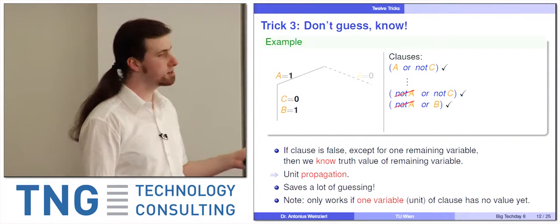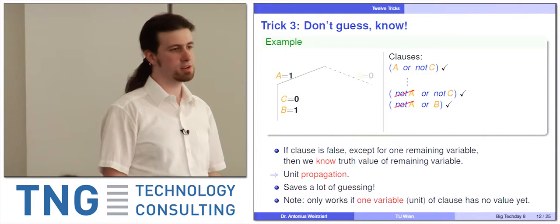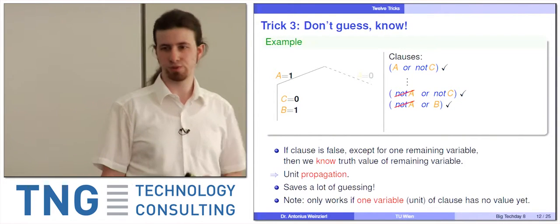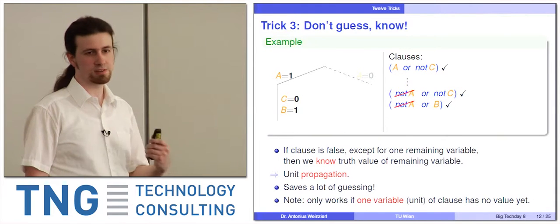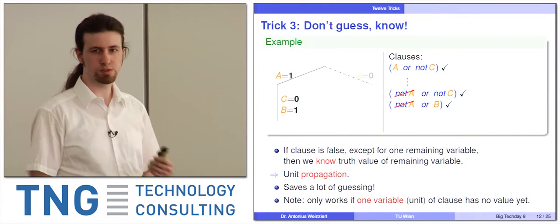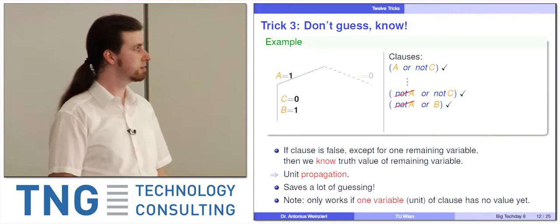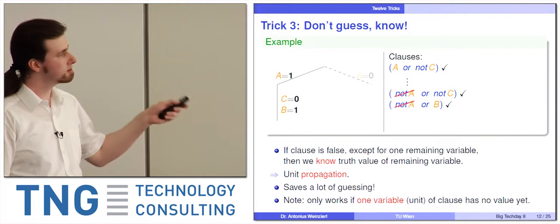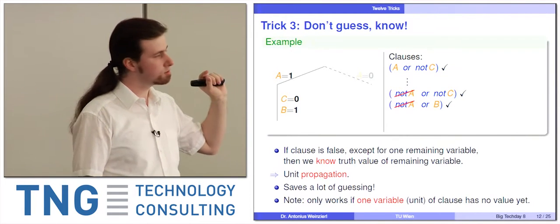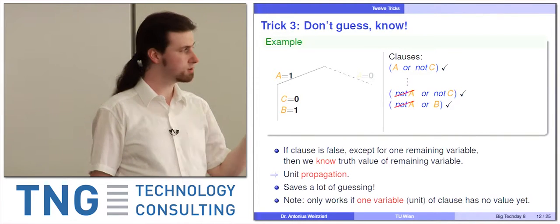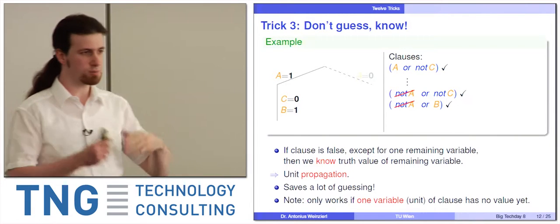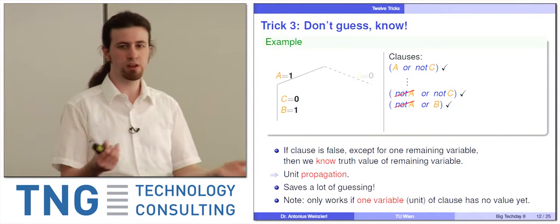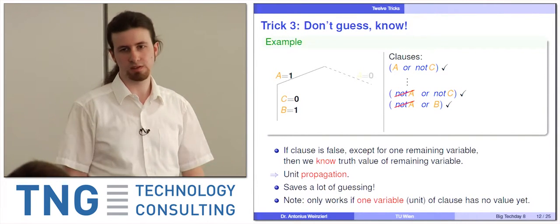And the technique is called unit propagation, and this is one of the most important techniques in SAT solving because it saves us a lot of guessing. We directly know what to assign to a variable. But this only works if there's one variable remaining in the clause. If there are multiple ones which have no value yet, then we have to guess.